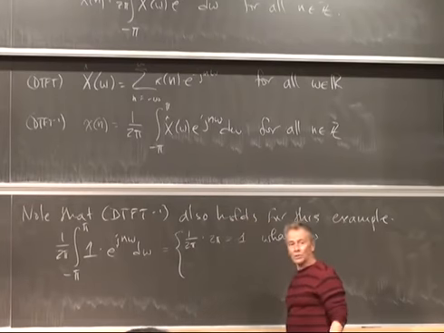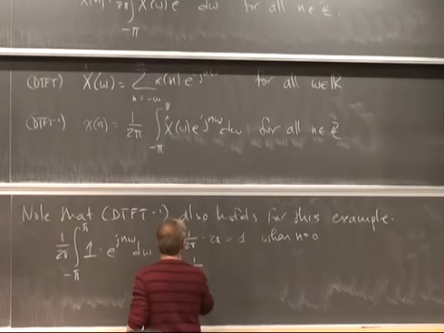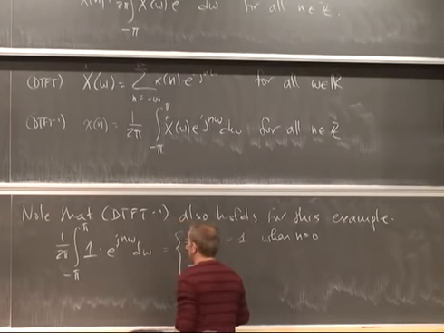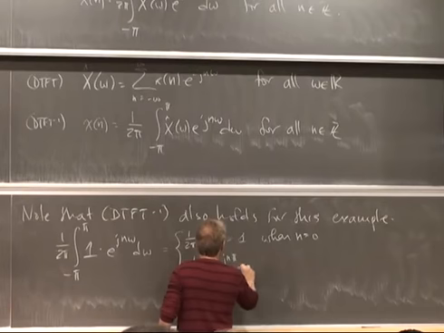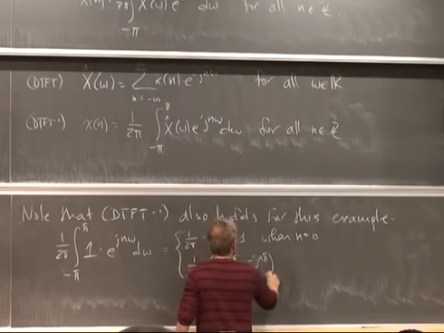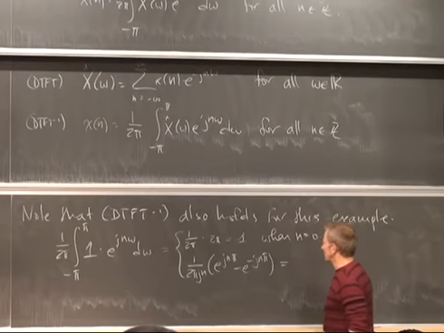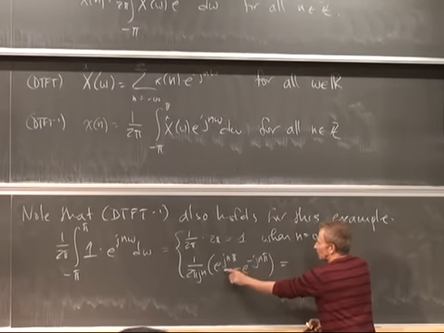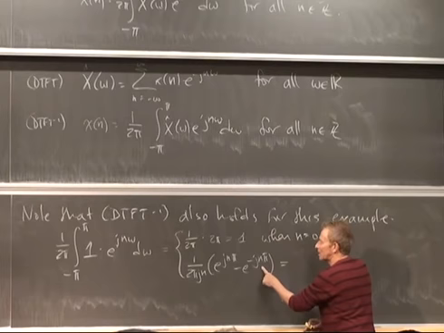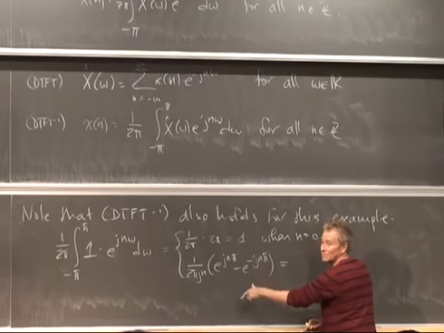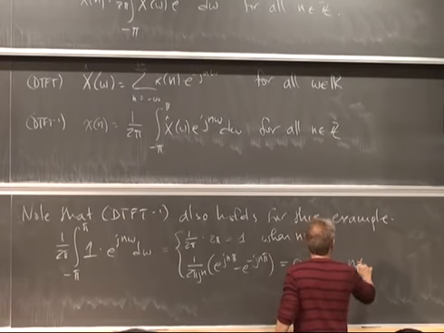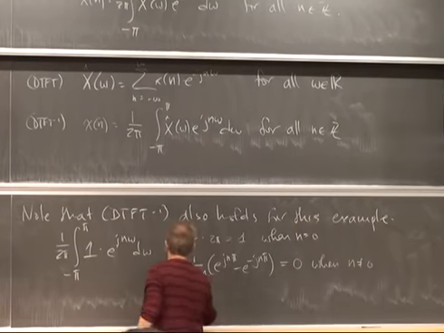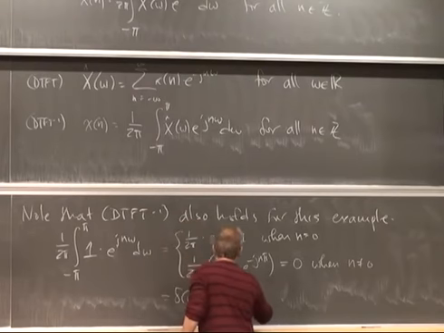And when n is not equal to 0, I get 1 over 2 pi j n times e to the j n pi minus e to the minus j n pi. And what's that equal to? It's equal to 0, because e to the j n pi and e to the minus j n pi are the same. They're both equal to minus 1 to the n. So this equals 0 when n is not equal to 0, and that's clearly equal to delta of n for all n.